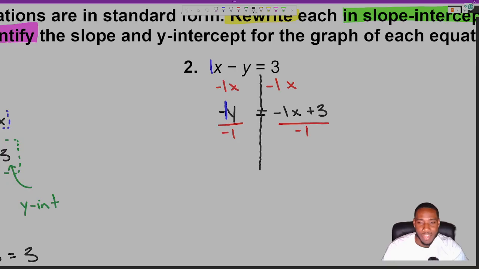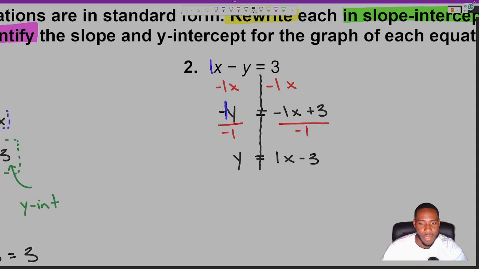But we'll keep it logically consistent. We'll divide everything by negative 1, and that's going to get us y is equal to negative 1x divided by negative 1. All that does is turn that term positive, so now that is 1x. And 3 divided by negative 1, that's going to turn that term negative, so now we're looking at a negative 3.